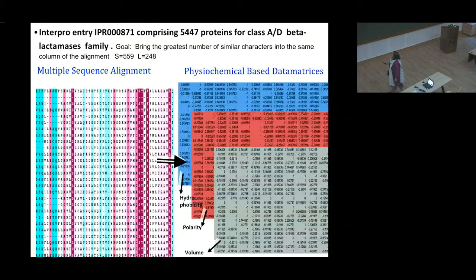But what we did was look at the properties associated with each of the amino acids, the hydrophobicity properties, and created this data vector. So this is due to the hydrophobicity, and this is the polarity of each of the amino acids.